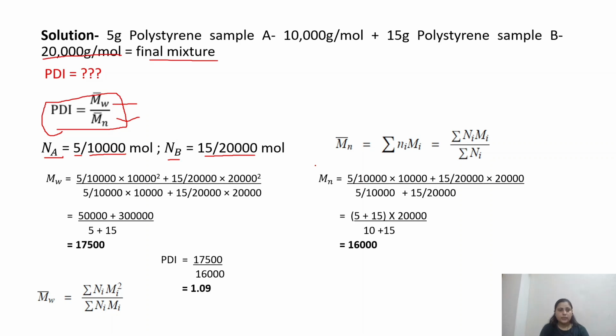Now we'll calculate first the Mn value, which is the summation of Ni Mi divided by the summation of Ni. So Mn equals 5 divided by 10,000, which is the Na value for polystyrene sample A, into its molecular weight 10,000, plus 15 divided by 20,000, which is the moles of B, into 20,000, the molecular weight of B, divided by the summation of Ni, which is 5 by 10,000 and 15 by 20,000.